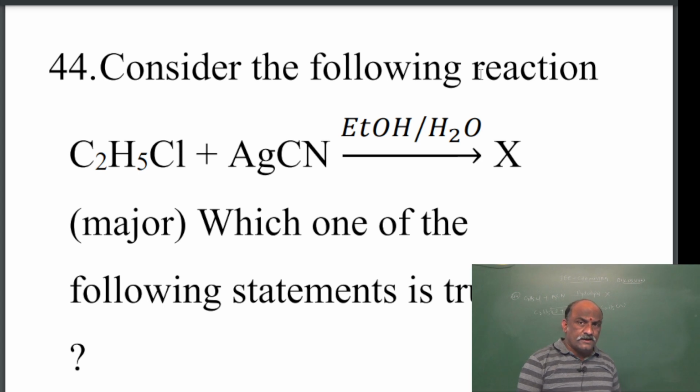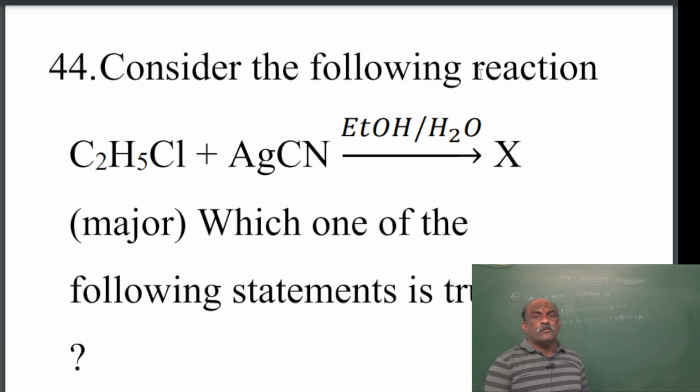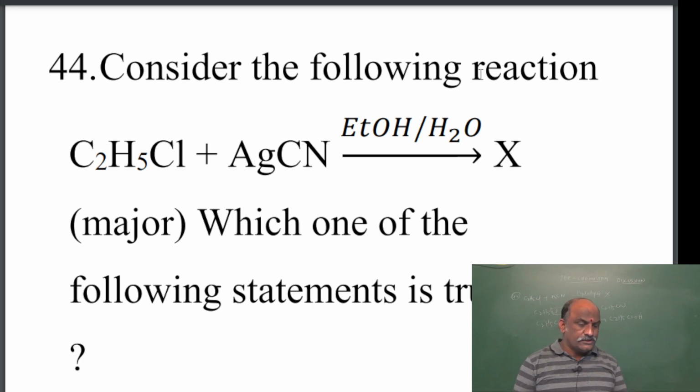Ethyl cyanide on hydrolysis gives C2H5COOH, which is propionic acid.